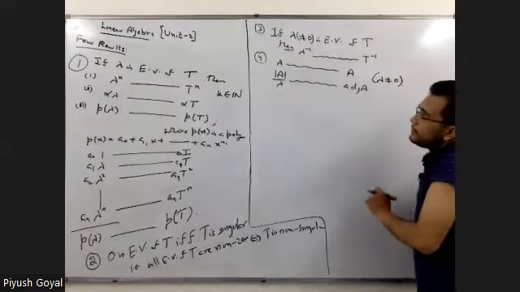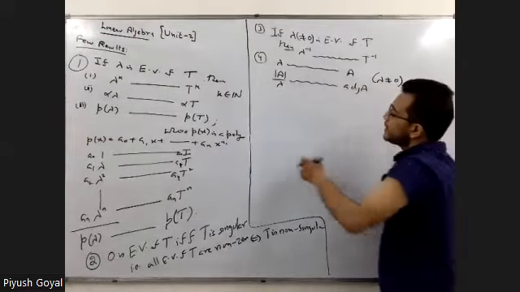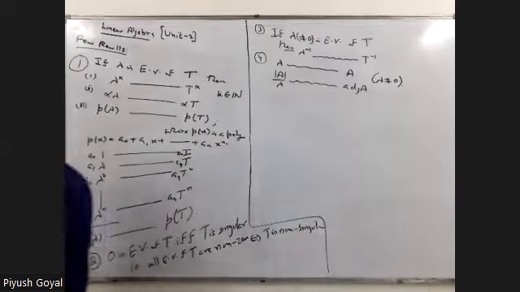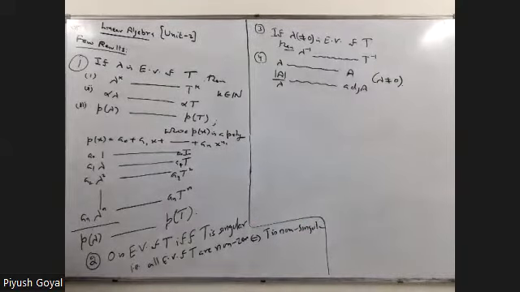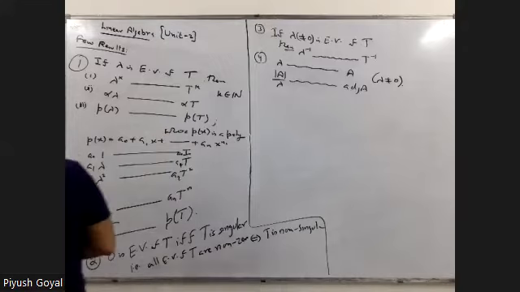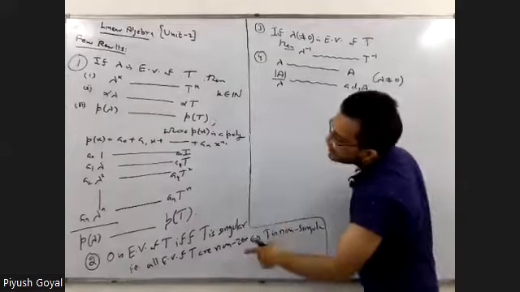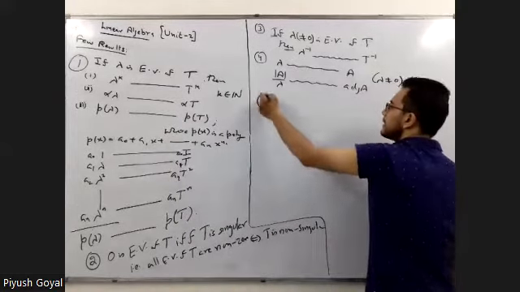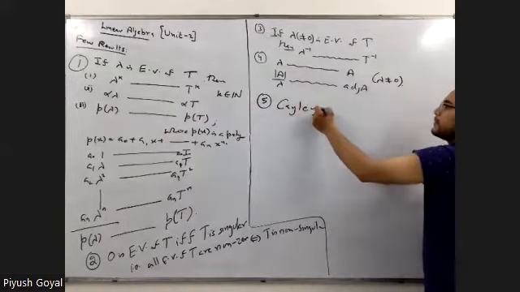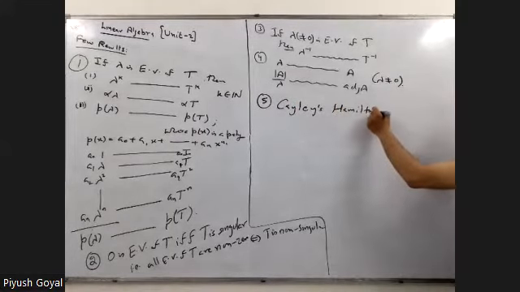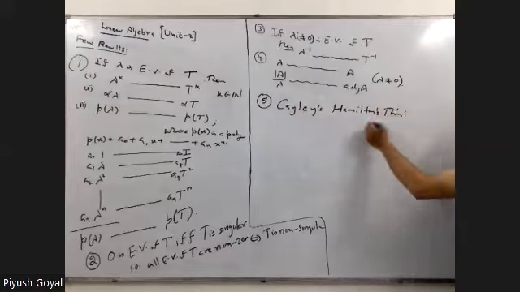Now why are we doing this? Because we want to prove a theorem, and the theorem will come after 5 minutes. Okay, one more result. This is number 5, Cayley-Hamilton's theorem, the most important.